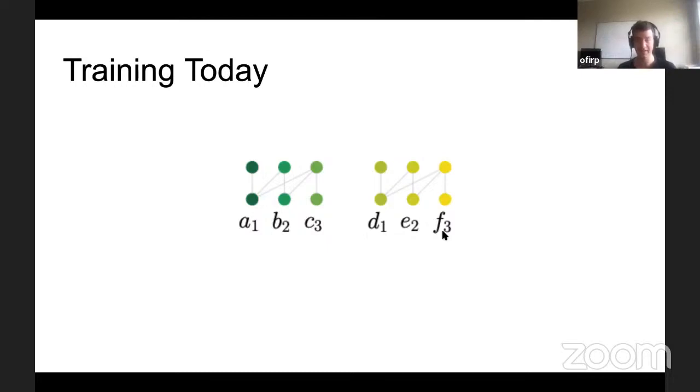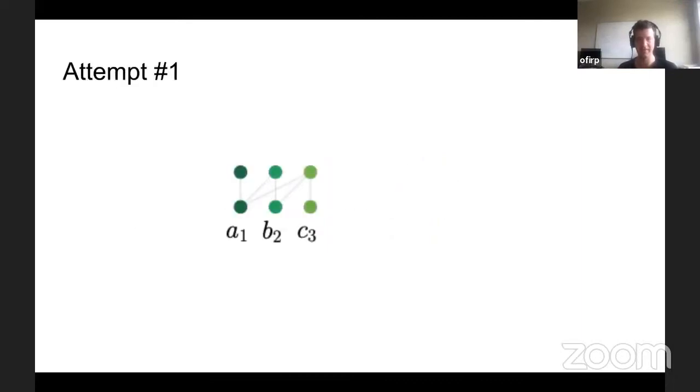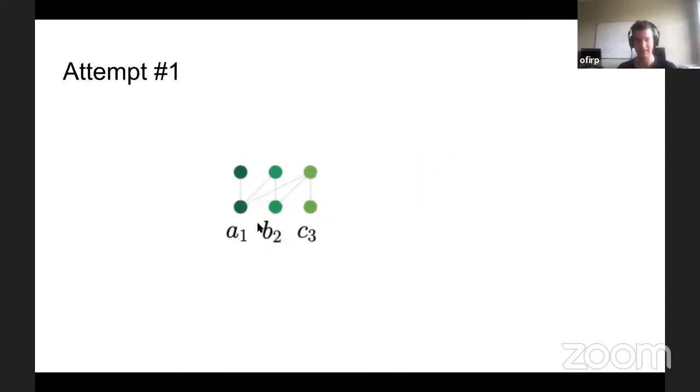Now remember, our goal is to be able to attend to previously computed representations while we're working on the next subsequence. This is the first thing that you try. In the first training iteration, you just have the first subsequence, with nothing else to look back on.